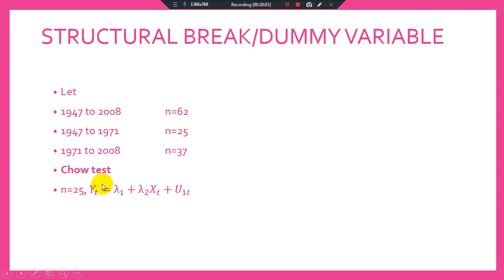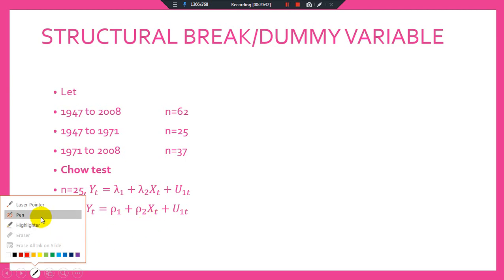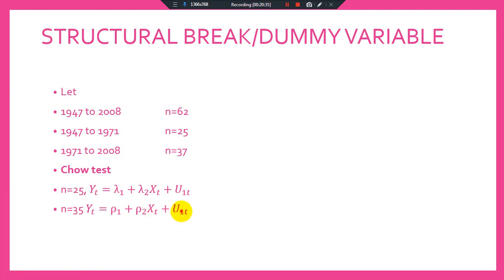When we have a number of observations 25, we have a regression equation yt is equal to lambda 1 plus lambda 2 xt plus u1t, and we have another regression equation, n is equal to 35, yt is equal to rho 1 plus rho 2 xt plus an error term u2t.